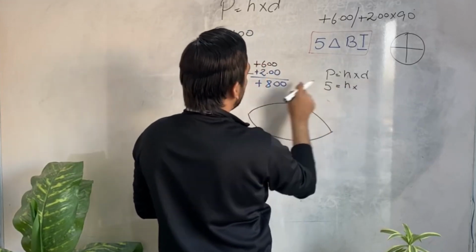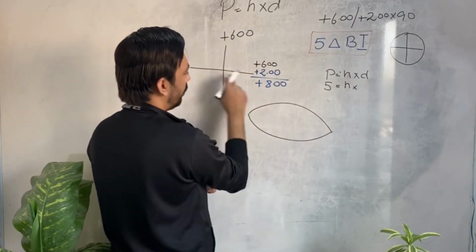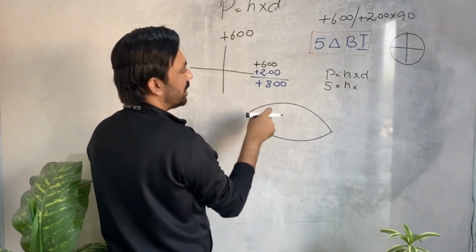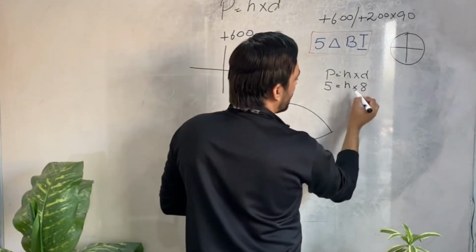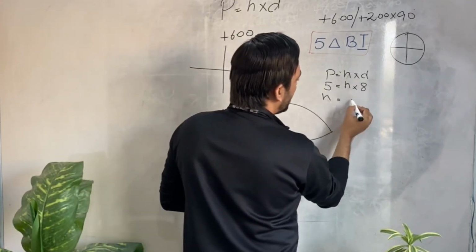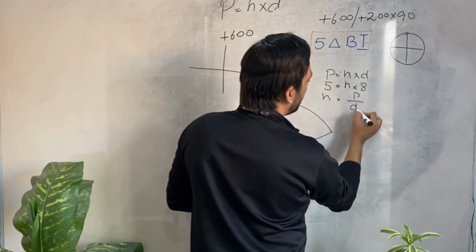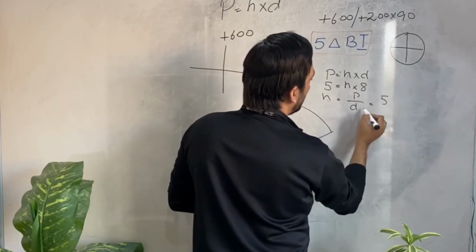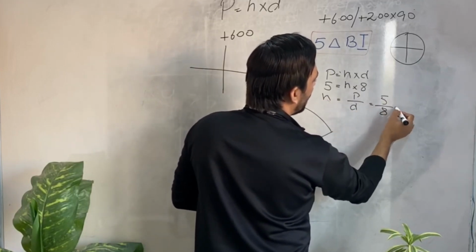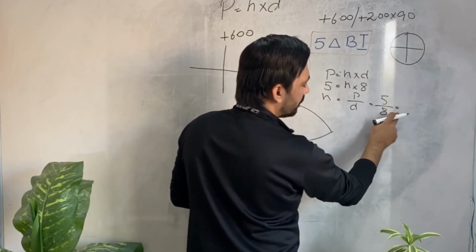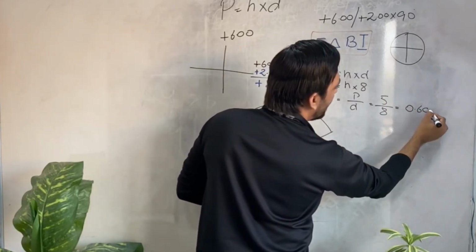The dioptric value is +8 because we are dealing with the horizontal meridian. So let's resolve: H = P over D. P is 5, D is 8, and 5 over 8 is 0.6 centimeter.